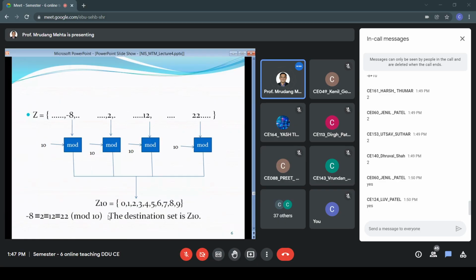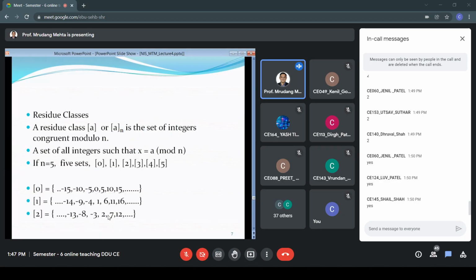Okay. Second is residue classes. What is a residue class? A residue class [a] or [a]n is the set of integers congruent modulo n. Right? So a set of all integers such that x equal to a in the bracket mod n. So mod n is a phrase.